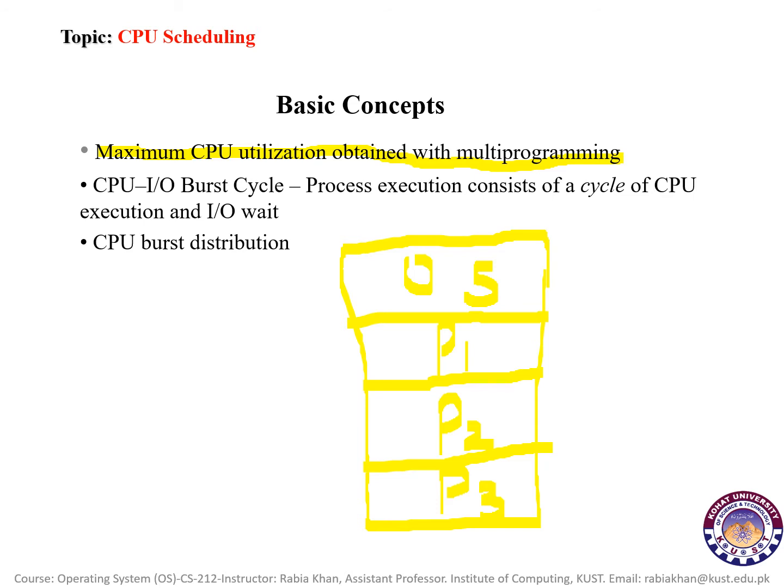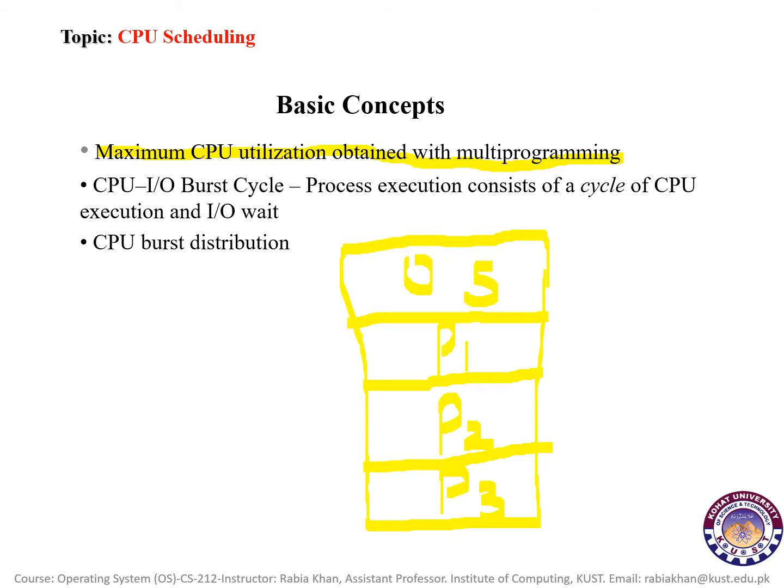Before multi-programmed systems, there were batch systems. In a batch system, only one process, only one user job, used to reside in RAM. In those cases, CPU used to be idle a lot. But the more multi-programming is ensured in systems, the more CPU is getting busy. So maximum CPU utilization can be ensured with multi-programmed systems.